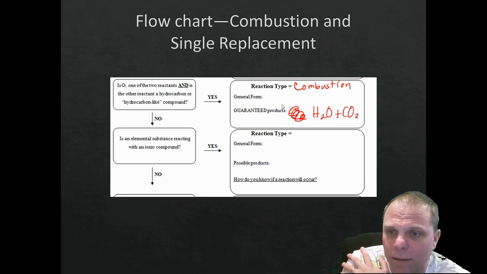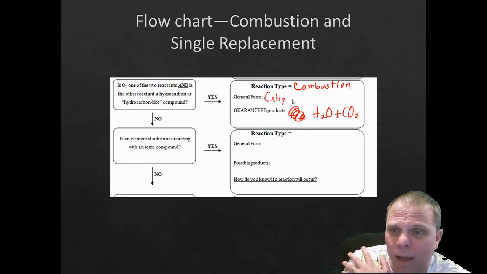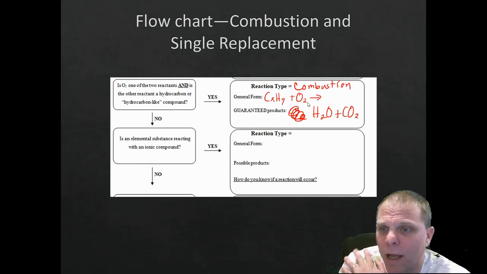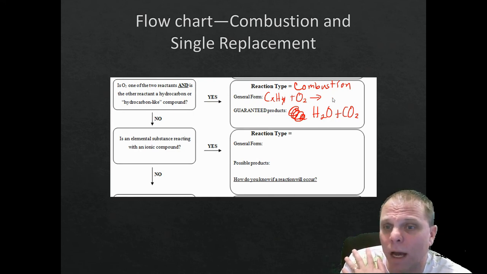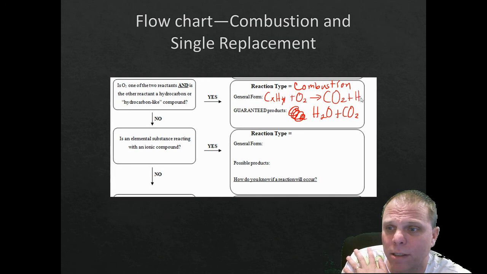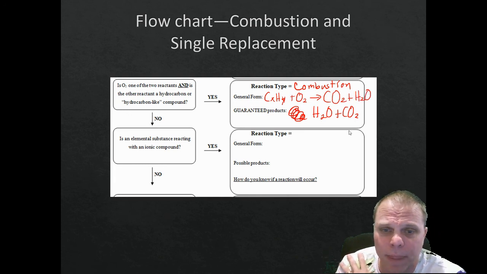And the general form is, again, CxHy plus oxygen, which has got to be one of the reactants, gives you those two products there. When we talk about our general form, again, it's always going to be your carbon dioxide and water. So this is a really easy one to recognize.